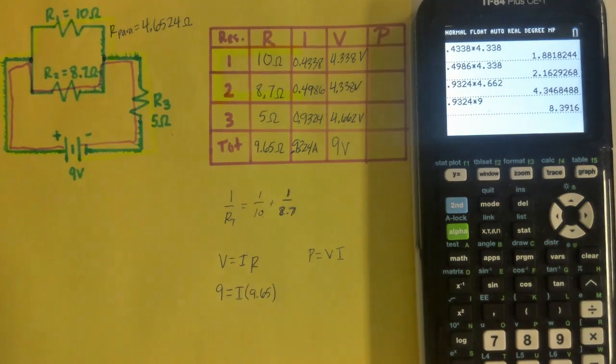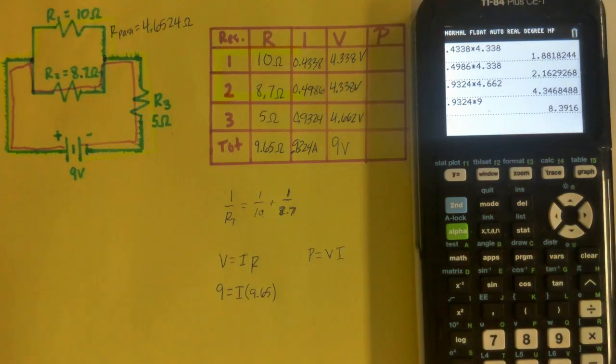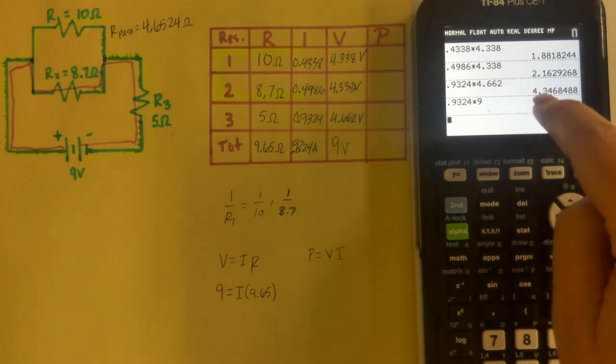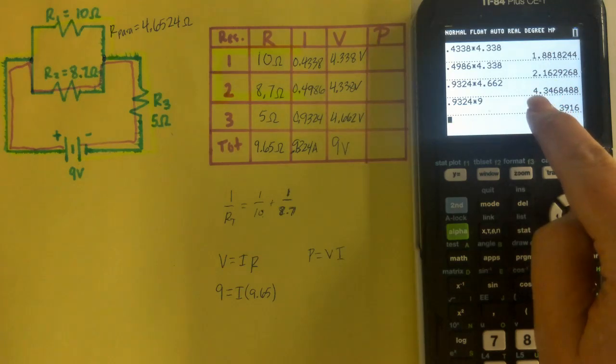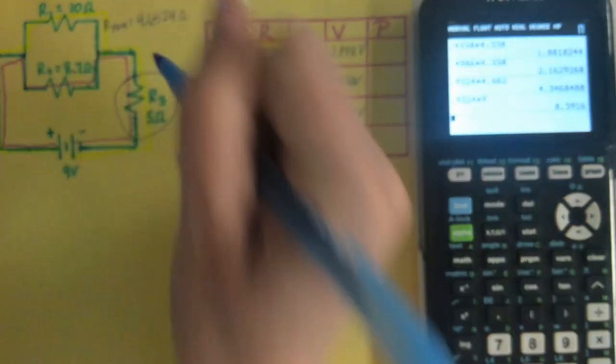Now, by the way, if these were light bulbs instead of resistors, one of the common questions you'll be asked is if each of these resistors is a light bulb, which would be brightest? And ultimately, it is the power that determines that. Looking at these power values, not this one because that's the battery, but these first three, your greatest value for power will be your brightest bulb. And so the brightest one would be this one, which it almost always is.